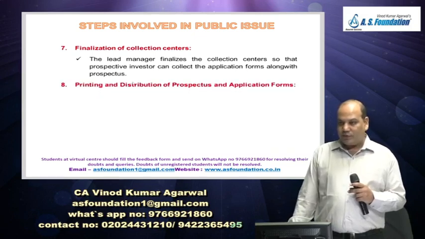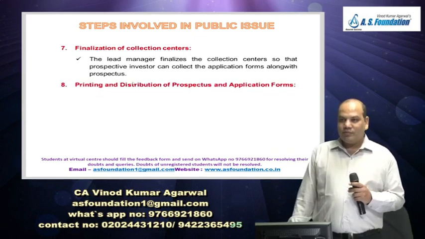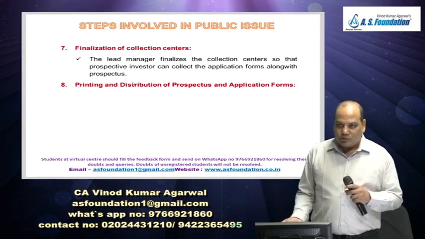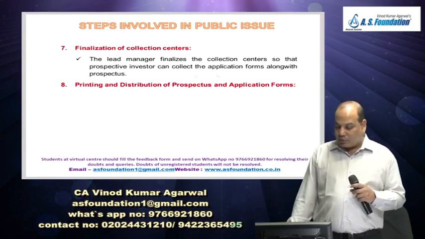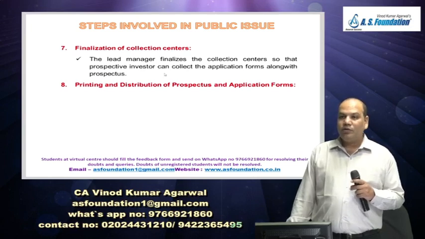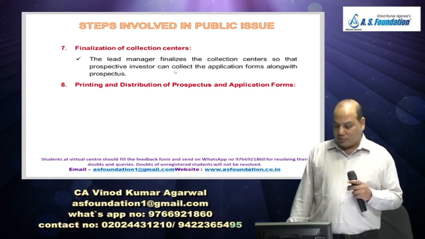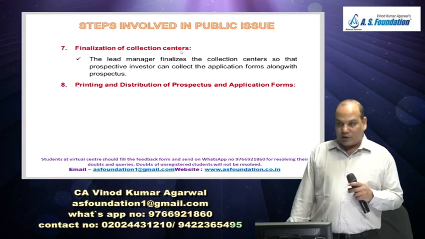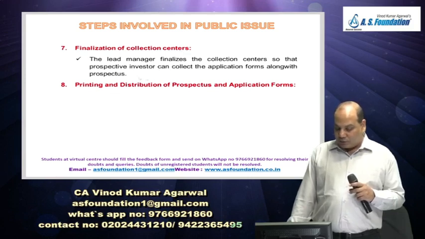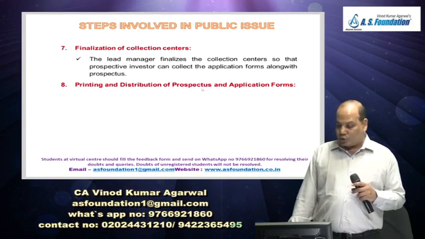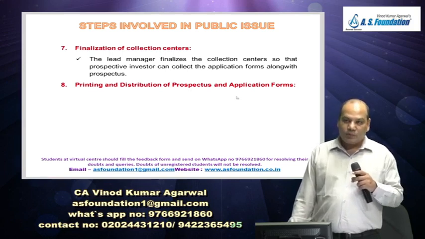Nowadays, because of online, you can do it online also. But again, there are a lot of people who may not be very much familiar with the online application. So they will identify collection centers. Then after the collection centers are finalized, printing and distribution of prospectus and application form.